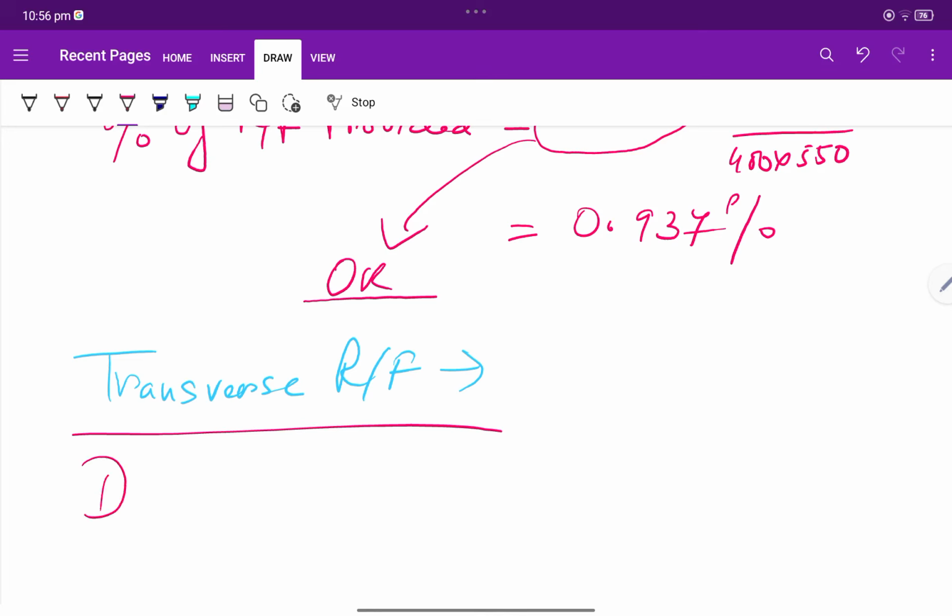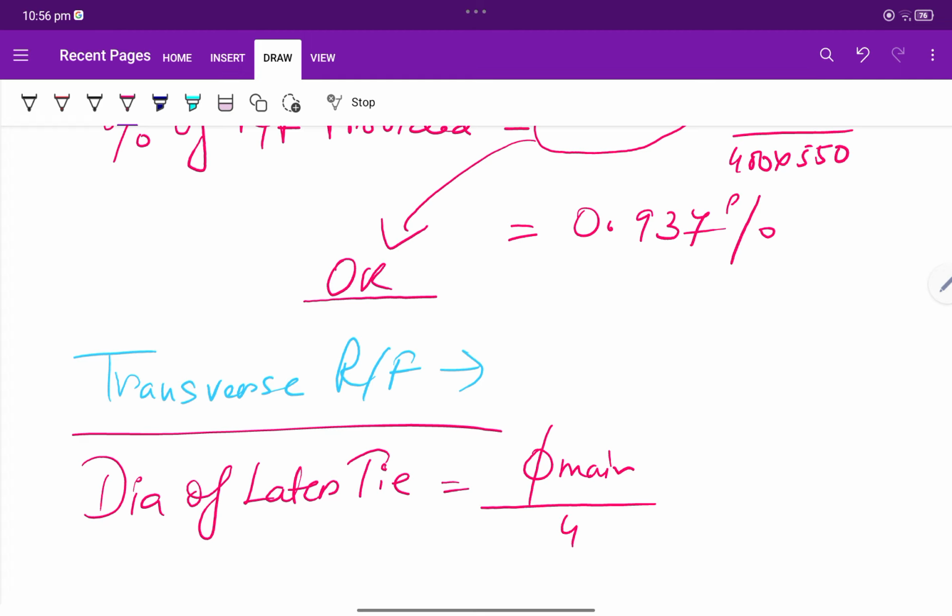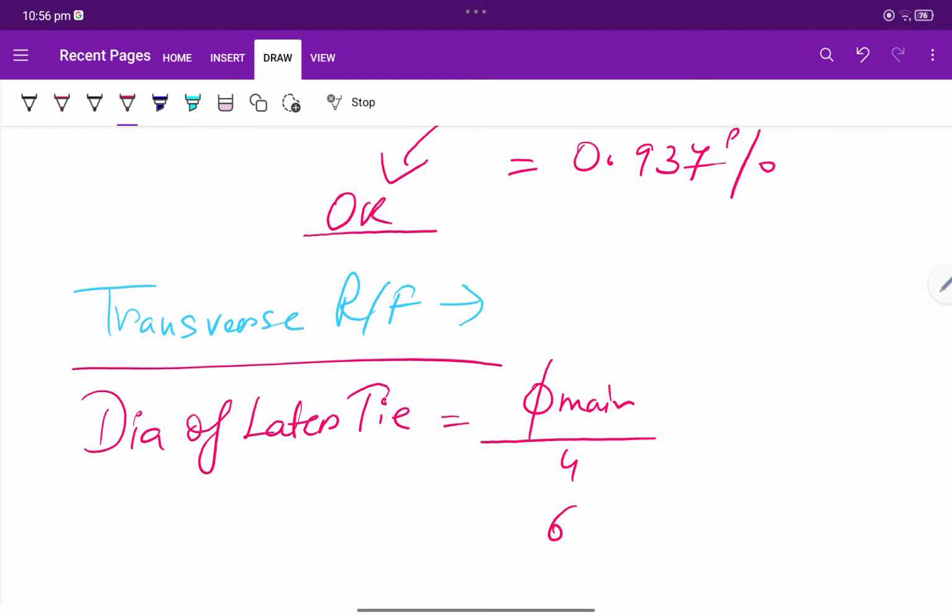The dia of lateral ties, or transverse reinforcement, is equal to phi of main bar divided by 4, or 6 mm, whichever is maximum.